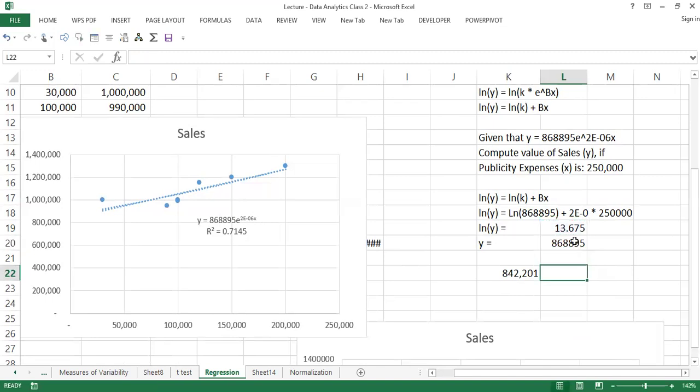So this will be the sales. Why is it so small? Well, anyway, this will be the estimated value of the sales.